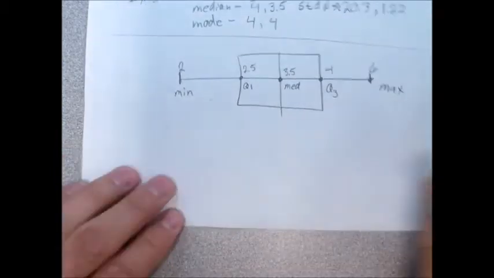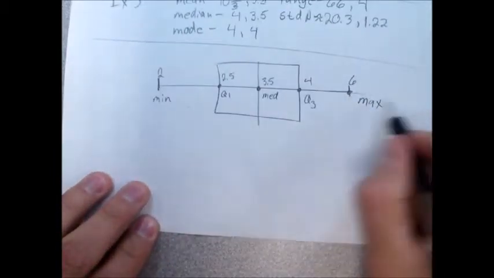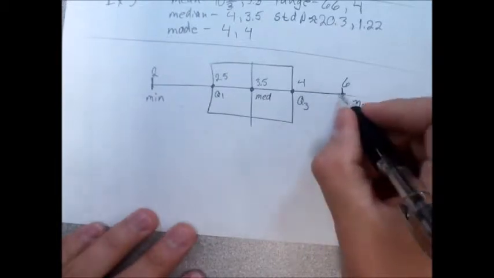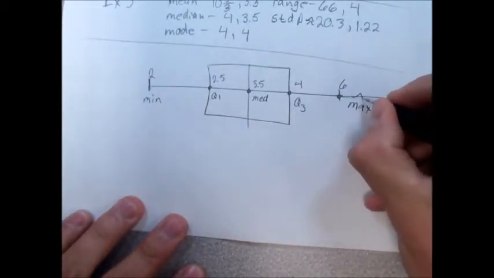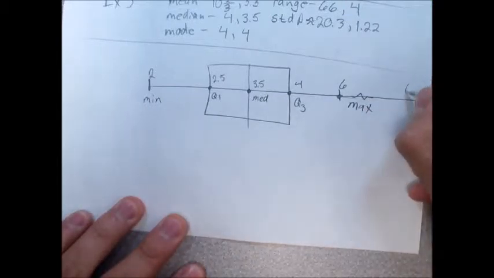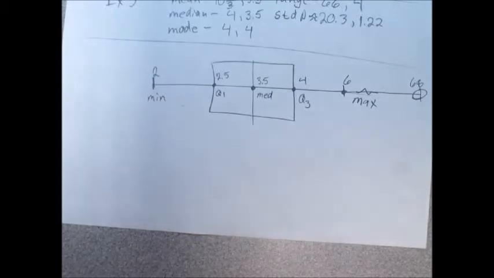With the outlier, this side would have been extended greatly. And if I wanted to plot the data point with the outlier, I'm going to throw a little break in here, that would be 68, and then I just circle it because we didn't use that number in our data set. Okay, that's really all you need for this lesson.